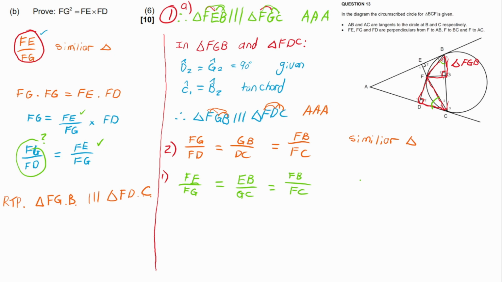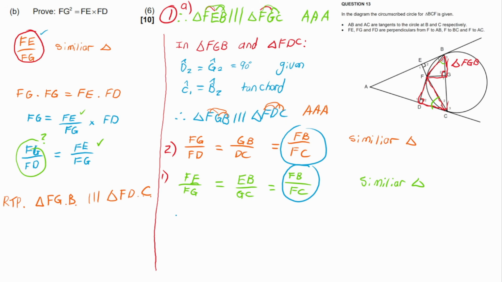The reason here, important, is similar triangles. Something very interesting just happened. These are the side proportions for different similar triangles, but what do you notice here? It's the same ratio, so that means anything here is equal.